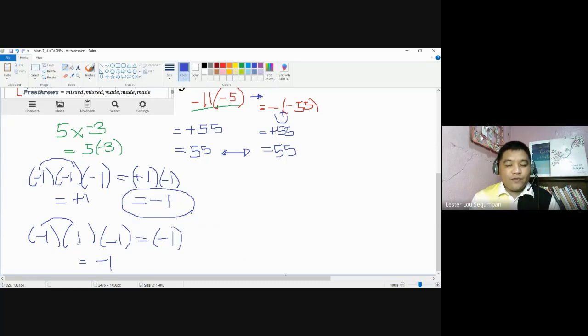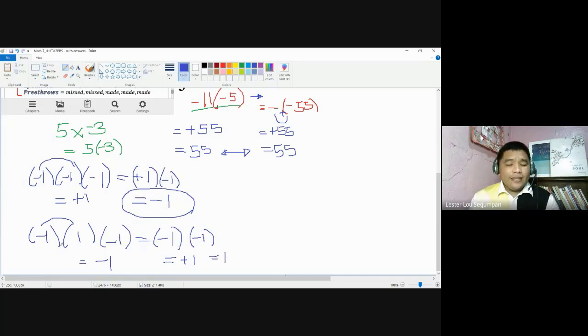So the result for the first two terms is negative 1, and you still have negative 1 for the third term. But here, you're now multiplying numbers with the same signs. So negative times negative, you have positive 1.